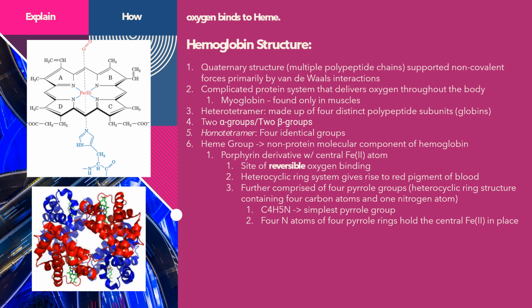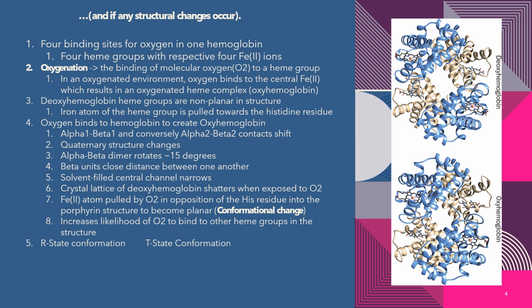So C4H5N would be the simplest pyrrole group. And like I said, those 4 nitrogen atoms hold that central iron ion in place, which is going to be doing the work for us. So those are 4 binding sites for oxygen in 1 hemoglobin: the 4 ions and the 4 porphyrins, which have themselves the 4 pyrroles.